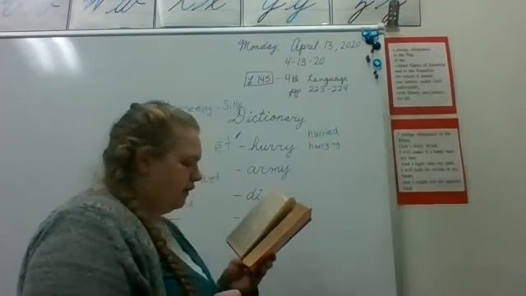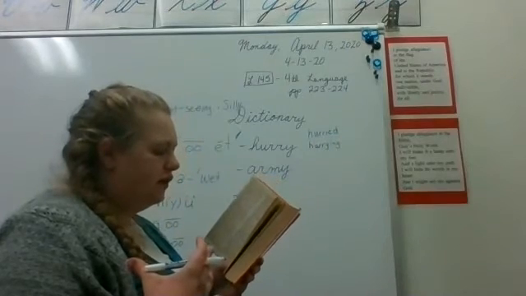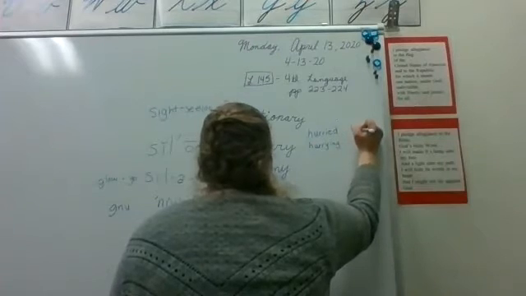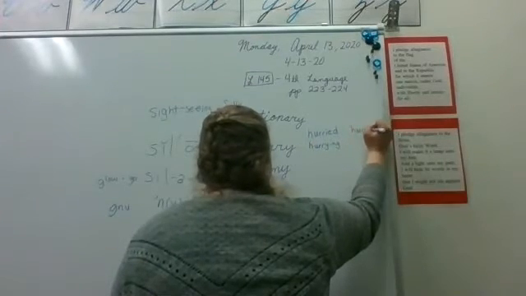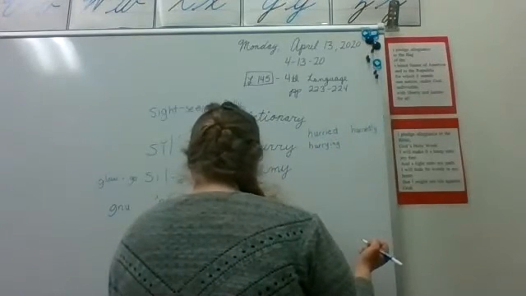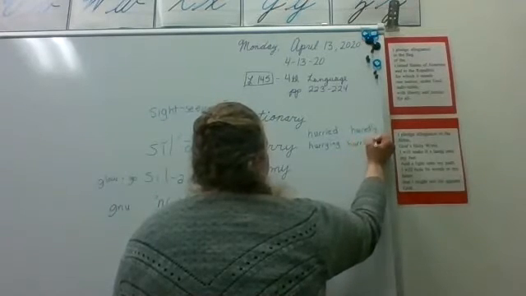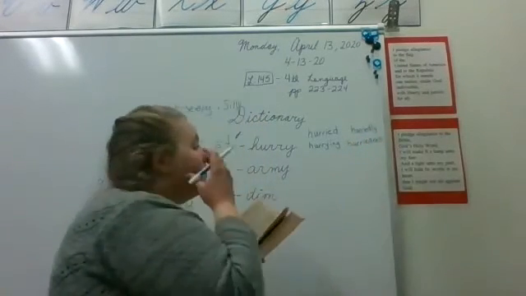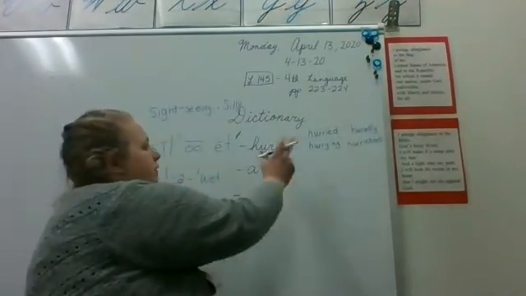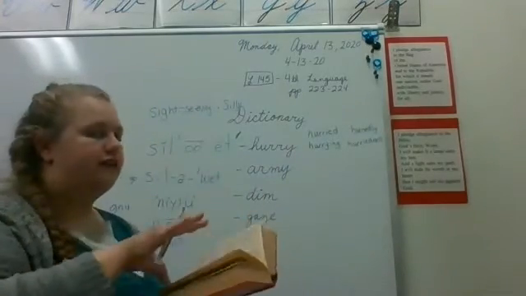And that would be enough, but sometimes they give you a couple more, like hurriedly and hurriedness, okay? So as many words as you can find in this entry that come from hurry, you're gonna write down, okay? So you write hurry and then write whatever words you find in the entry, okay?